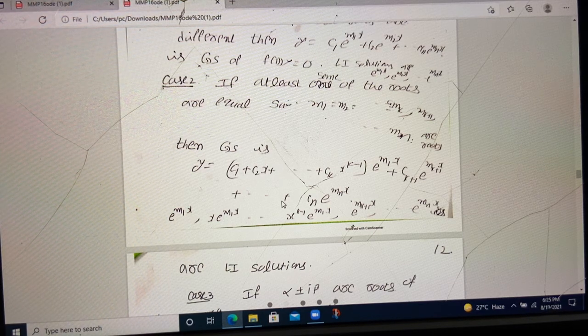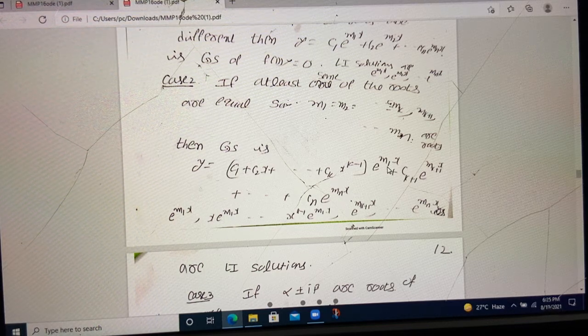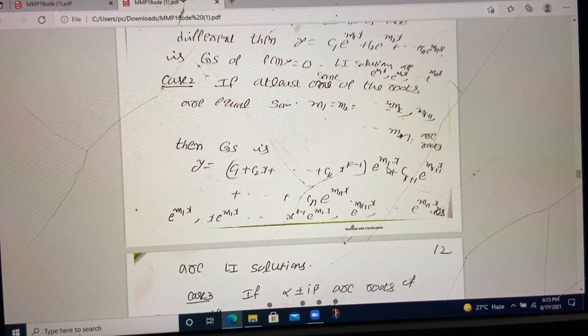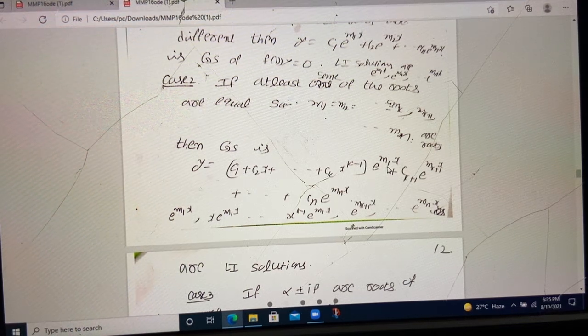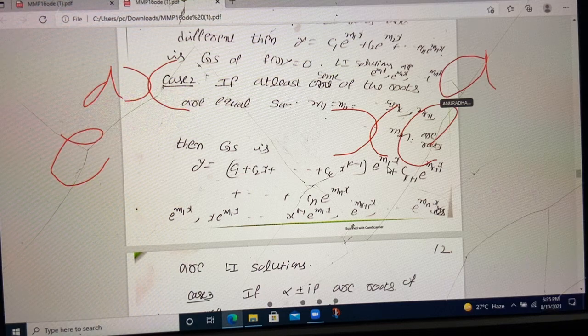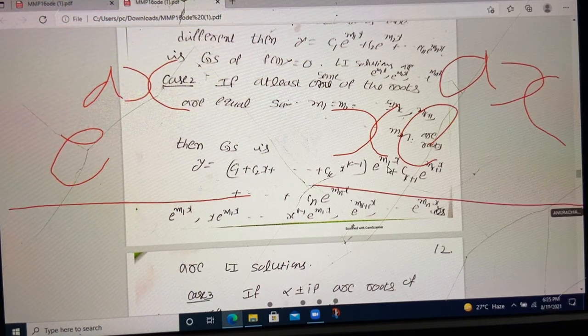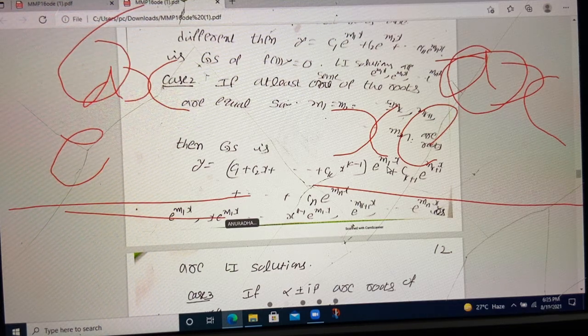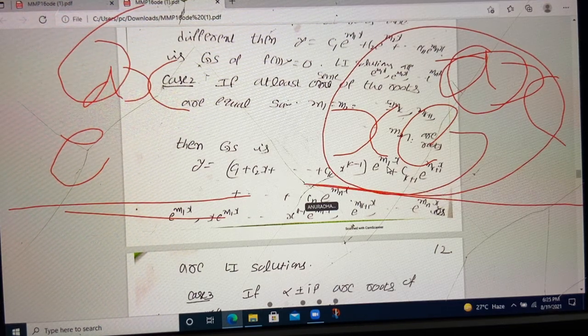Because we have seen earlier, if you take c1 e^(m1x) and c2 e^(m2x), whenever the powers are equal, they are linearly dependent. But we want independence. So what we have observed is, whenever the powers are equal, e^(ax) and x e^(ax) are linearly independent. So when the powers are equal, one should be a polynomial times the other, then they automatically become linearly independent.